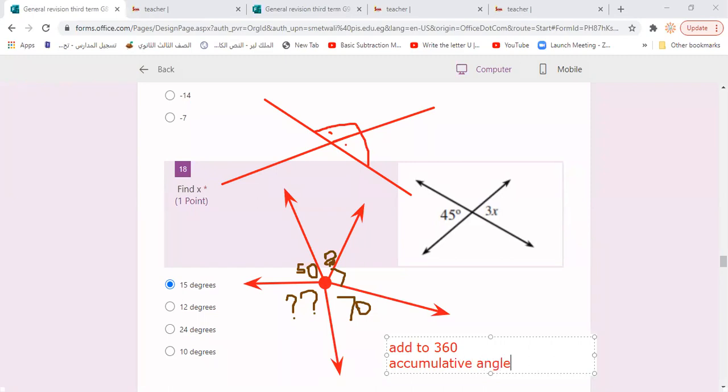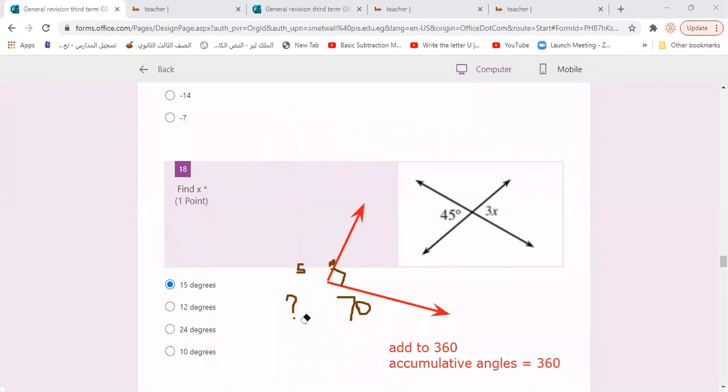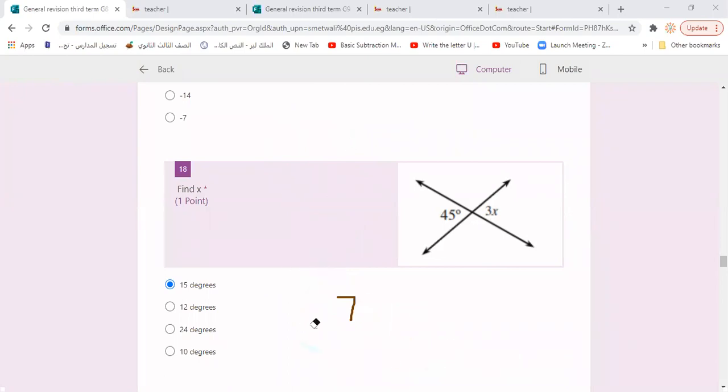Accumulative angles means that their measure together should equal 360 degrees. We have a center in the middle and many rays around the fixed point. Understood this part?